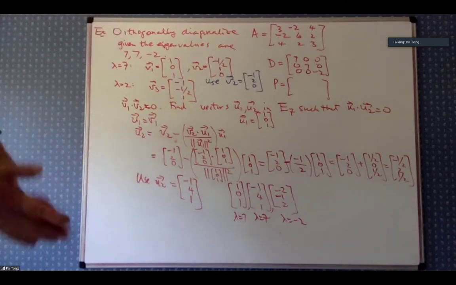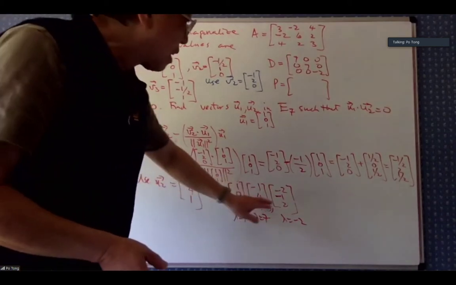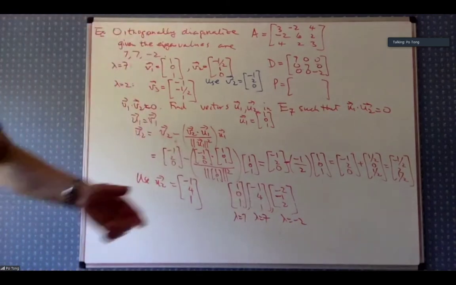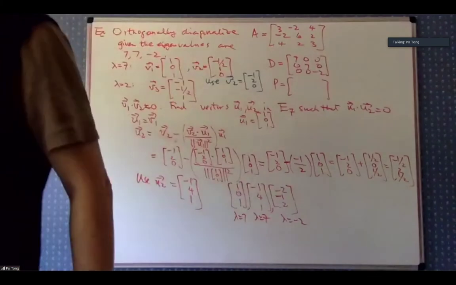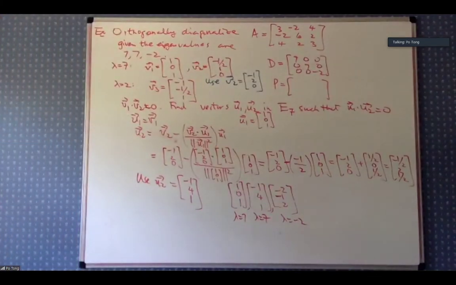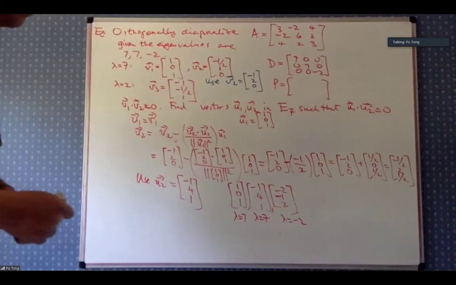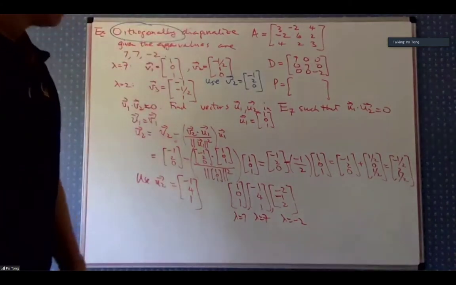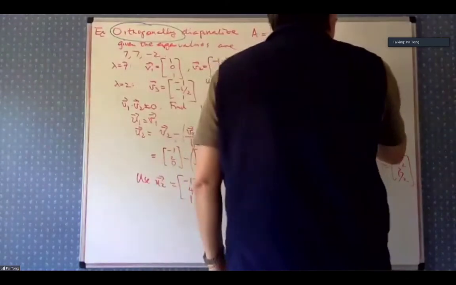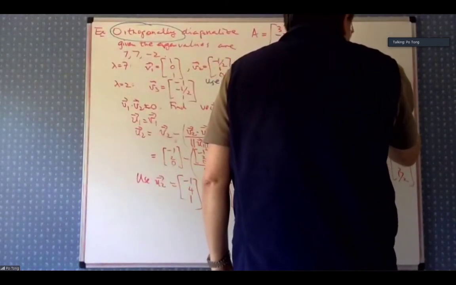Now, these three vectors are eigenvectors. We usually just put them as columns, and that will get us the P. But now because we want this to be orthogonally diagonalizable, we want P transpose equal to P inverse.